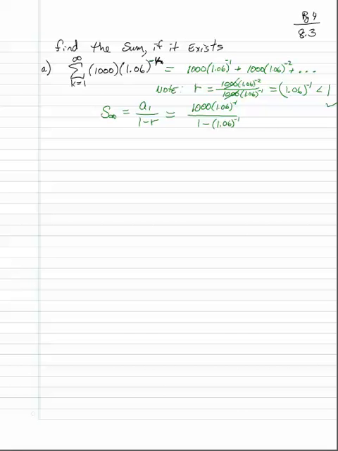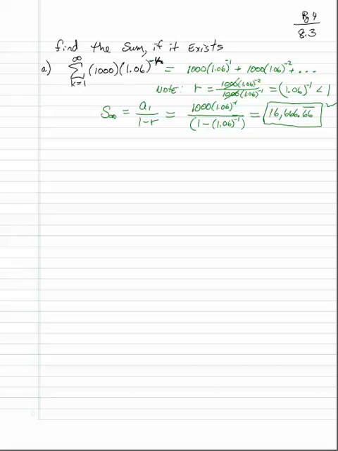So this equals 16,666.66 forever. So just punch all that in your calculator. Make sure you put parentheses here when you punch it in your calculator.